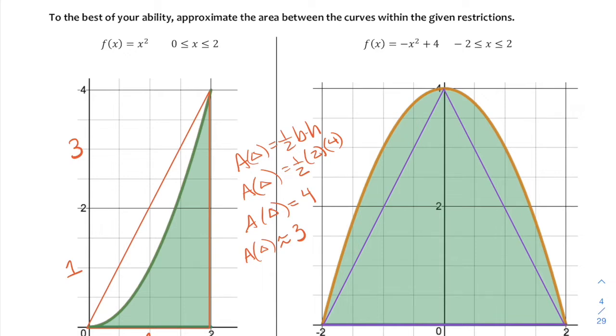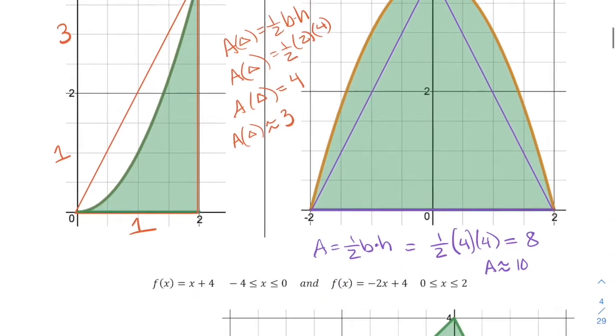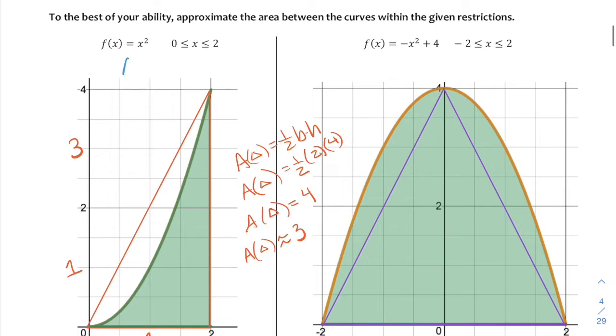Let me figure out that area. I'm just doing some work in my head right now. Okay, the exact area is exactly 2 2/3 units, which is really cool.